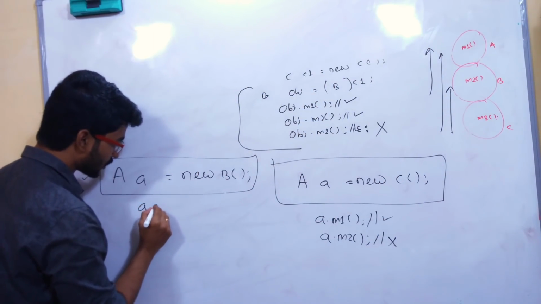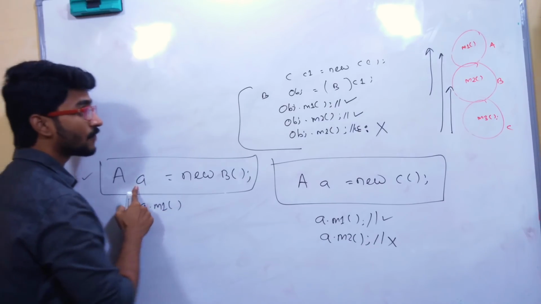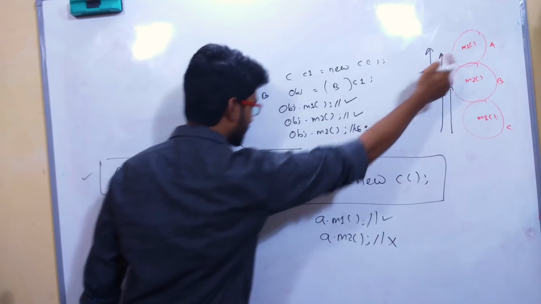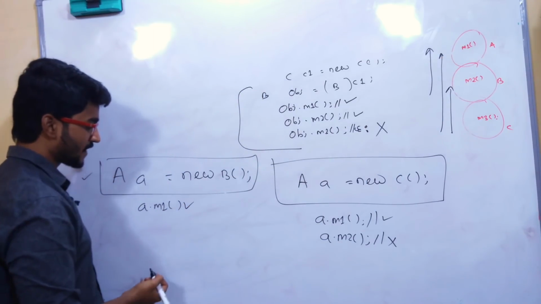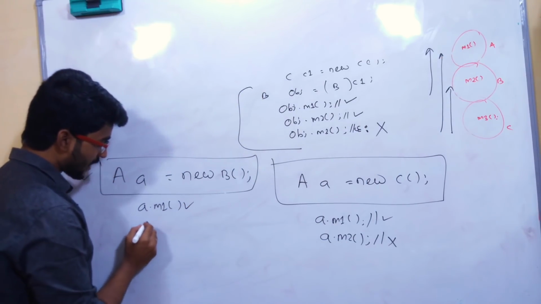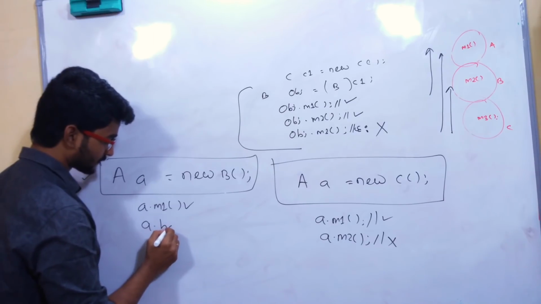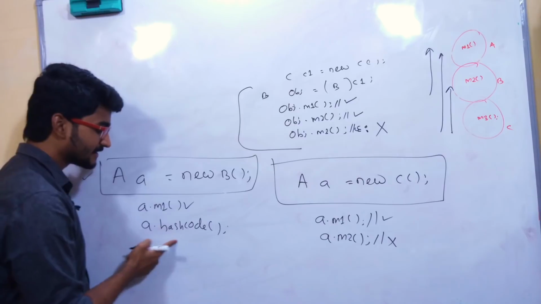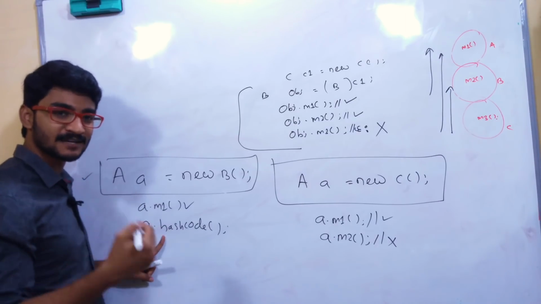So can I do a.m1? A is of what class reference? A class reference. In the a class we have the m1 method. Yes, so it is valid, right? Can I do a dot hashCode? Where is this hashCode method present? It is present in the Object class.